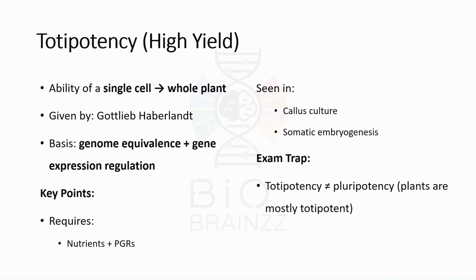In tissue culture, we use this property by giving proper nutrients and plant growth regulators. Then the cell starts dividing and forms callus or embryos. One important exam point is that plants are mostly totipotent, while animals are not. Also, do not confuse totipotency with pluripotency.